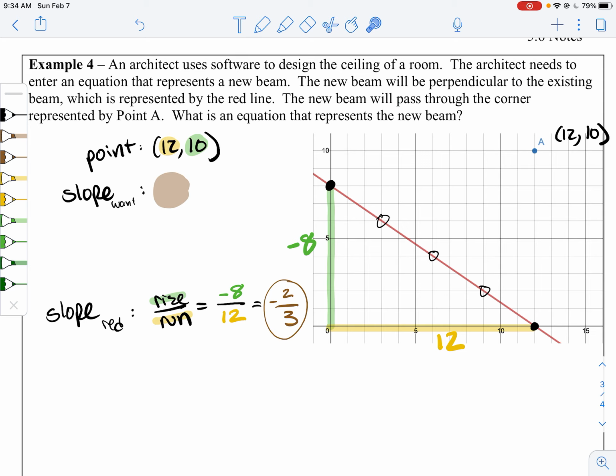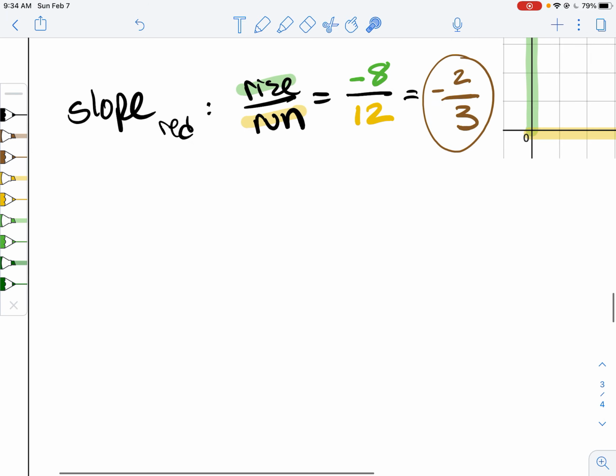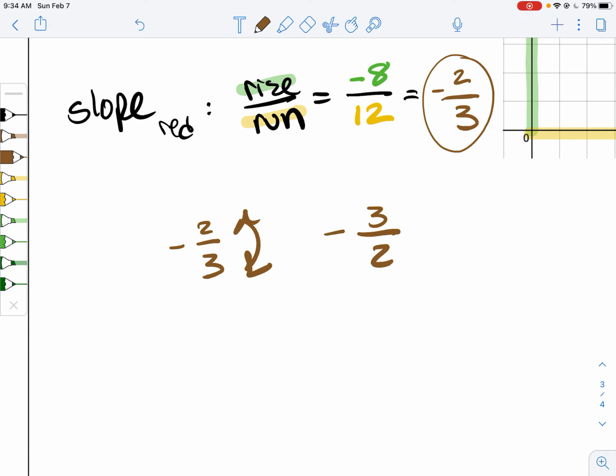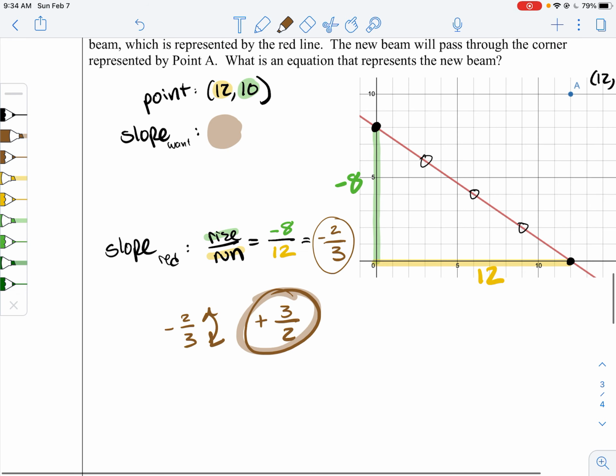How can we find it? Well, remember, we just need to take it and flip it. So in order to be perpendicular, you take your -2/3 and flip it, giving us 3/2. But it needs to not be negative, because we take that attitude adjustment, going from negative to its opposite, which is positive. Negative times a negative makes a positive. Boom, that's the slope we want, 3/2. Our slope should be 3/2.